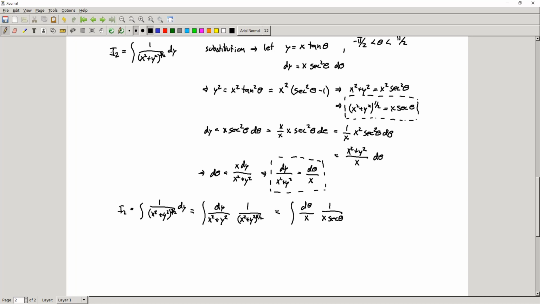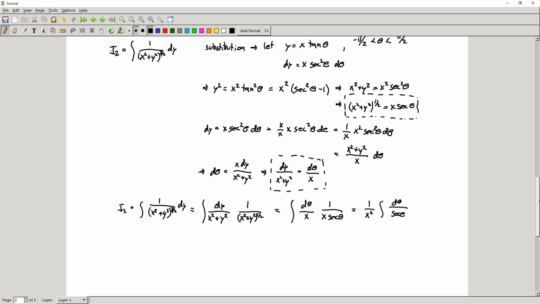And so I can clean this up a little bit. I can factor out these x's. So we have x squared, and we have d theta over sec theta, right? But we know that sec theta is just 1 over cos theta, so we can rewrite this.